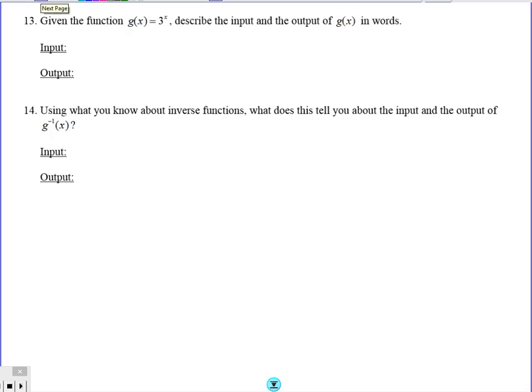So given this function, describe the input and output in words. Well, the input are the exponent values, right? The x values that we're plugging into the exponents. The numbers we put in the exponent. And what are the output values?